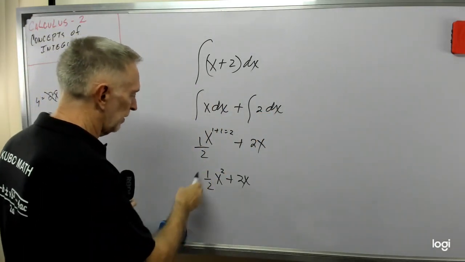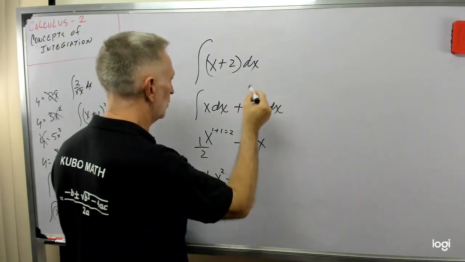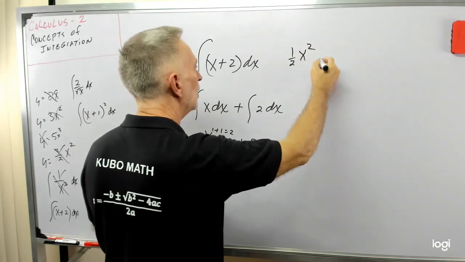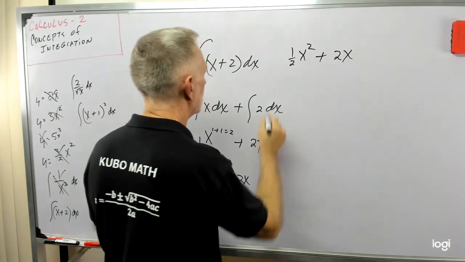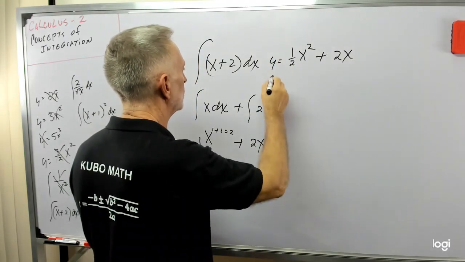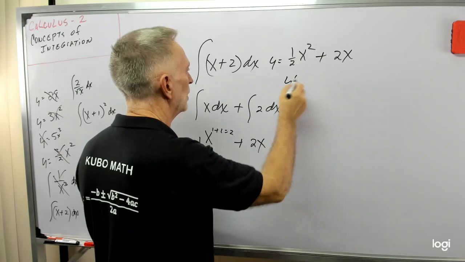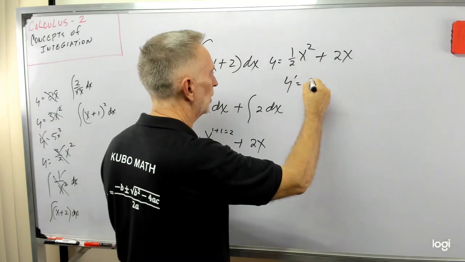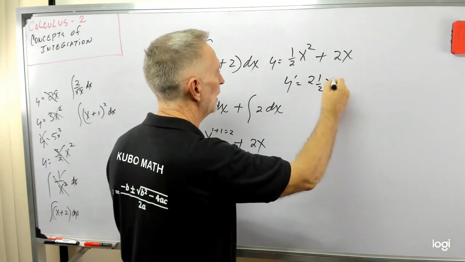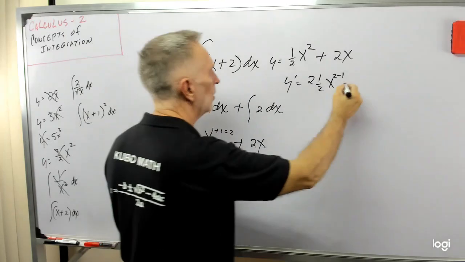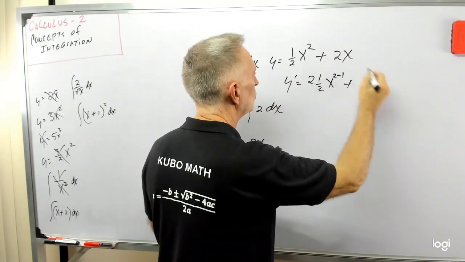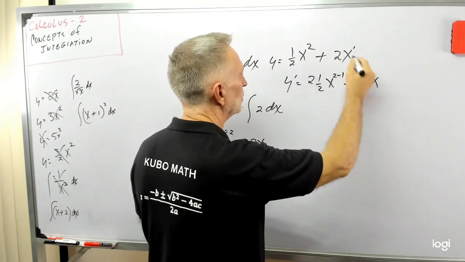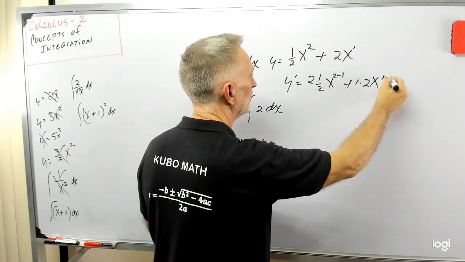Let's take the derivative of that and see if we get back to x plus 2. So 1/2 x to the second power plus 2x. So the derivative, bring the 2 down, so I have 2 times 1/2 x to the 2 minus 1 plus 2 times, bring the 1 down, so it's 1 times 2, x to the 1 minus 1.